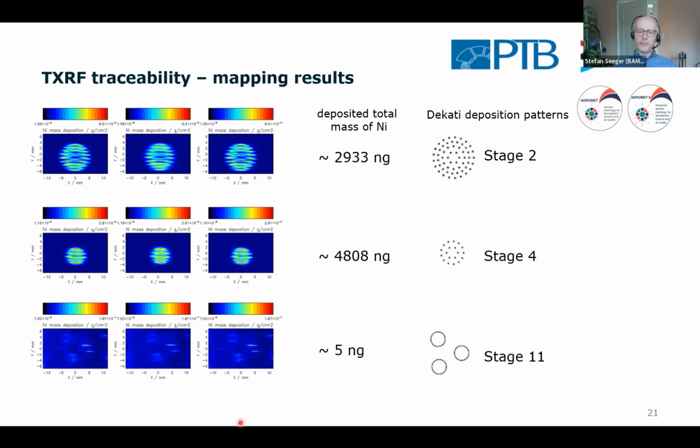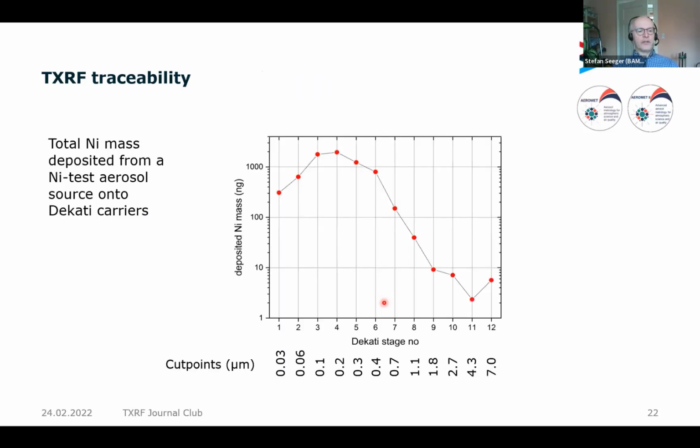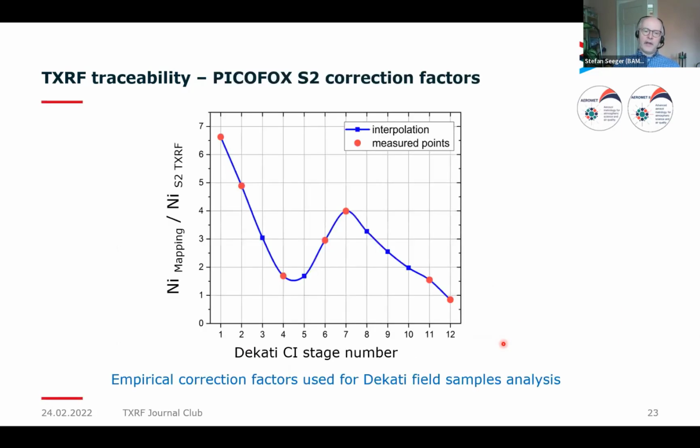different in the stages, but nevertheless, there was a clear quantification by this mapping technique, and we now could compare that, or that is the total mass on the different stages of the Ducati impactor. And then we could compare that with the first uncorrected results from the S2-TXRF.